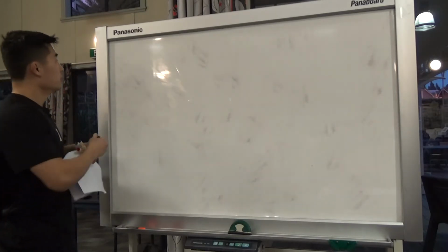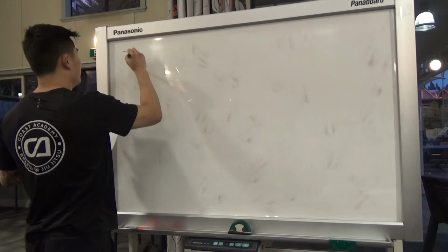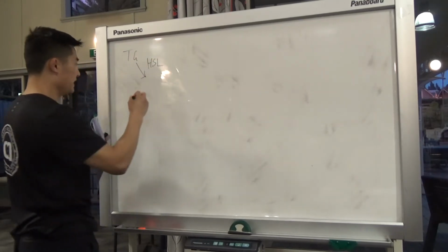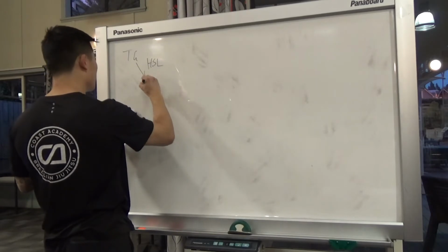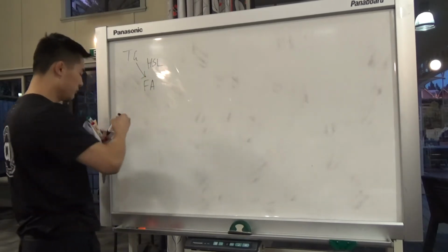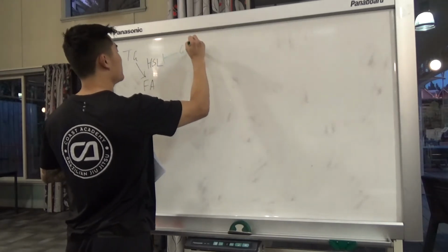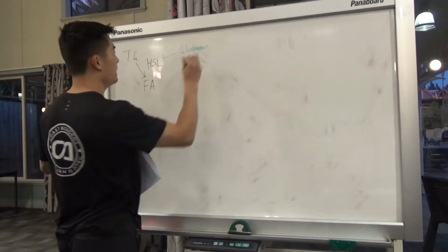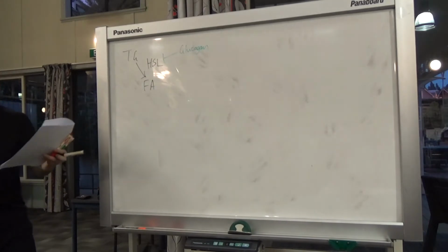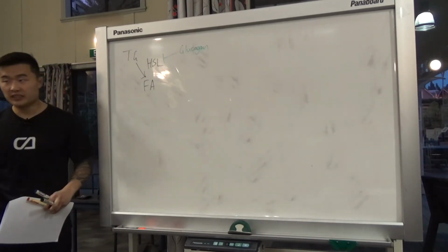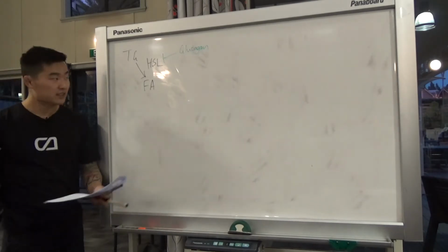So you've got the triglycerides, which are getting broken down by hormone-sensitive lipase. And remember that you have a lot of glucagon, which is stimulating hormone-sensitive lipase. So when you're starving, you're going to get a lot of fatty acids in your blood.